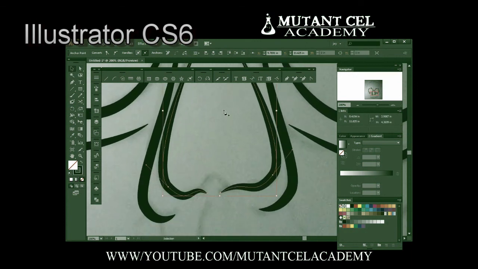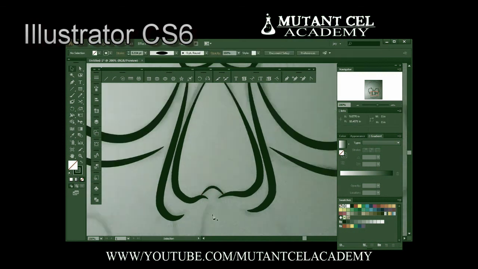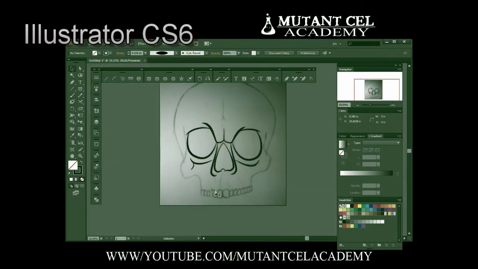It's all just a matter of tweaking the design to the exact orientation needed.